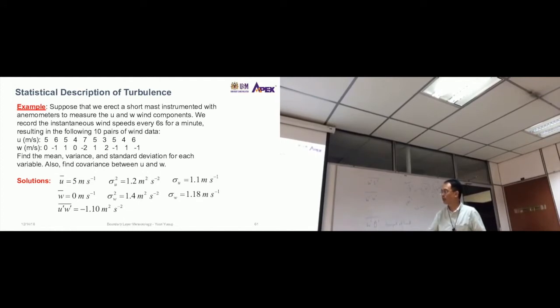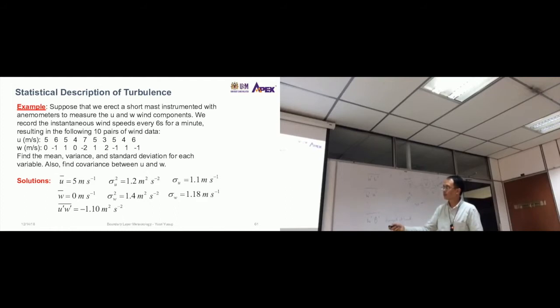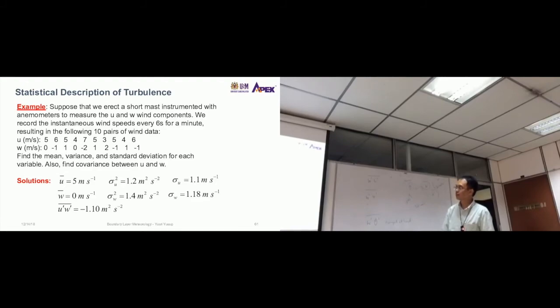This is squared, this is without the square. Notice that the vertical turbulence is higher than the sigma U, because there's a lot of variation for W compared to U. Now, U and W tend to vary in opposite directions on the average, as indicated by the negative values of the covariance.